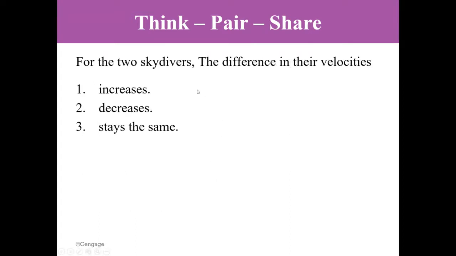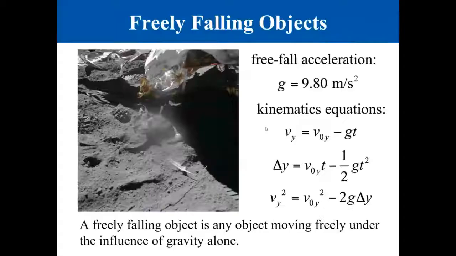For the two skydivers, the difference in their velocities, in order to answer this question, let's go back to the velocity equation. So this is the velocity. V naught y is 0 for both because they were dropped from the helicopter. And the velocity is minus gt. So 9.8 multiplied by t.